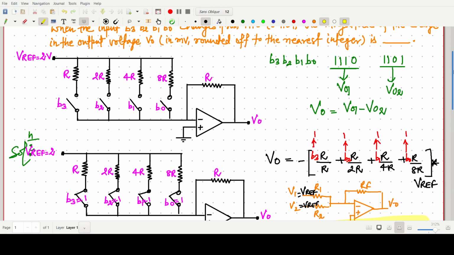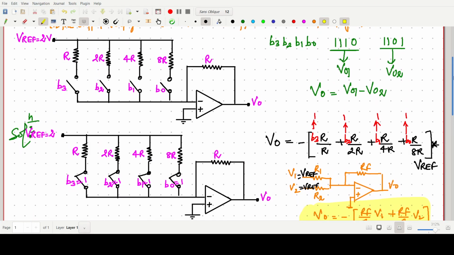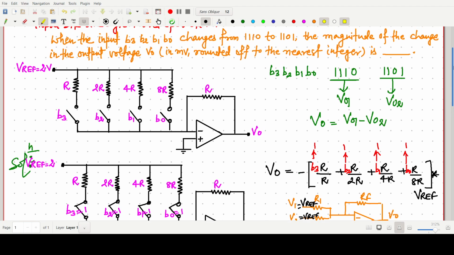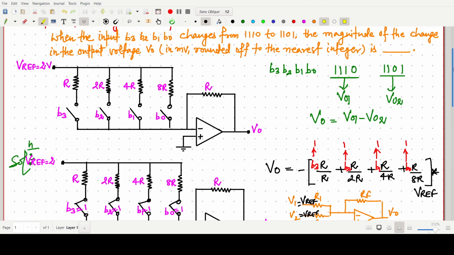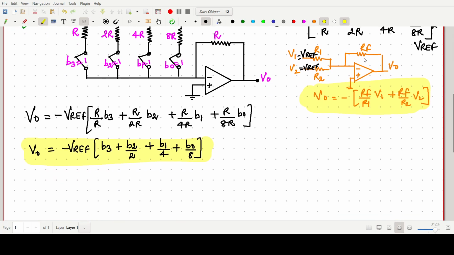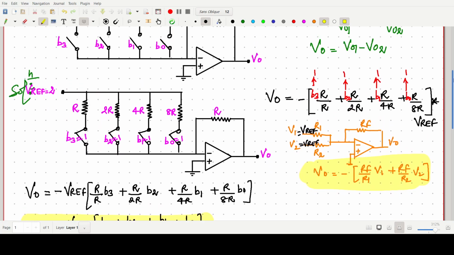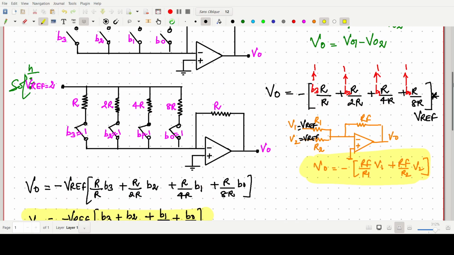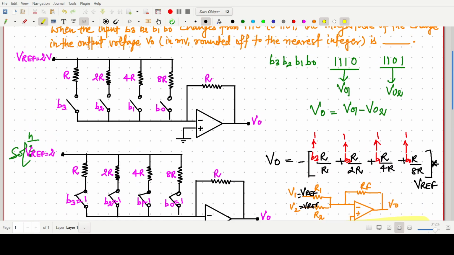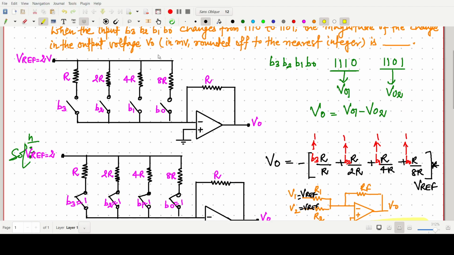Now the voltage changes from 1110 to 1101. For the input, I'm just copying this thing and selecting it.